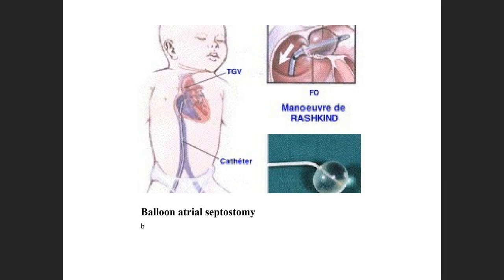In a balloon atrial septostomy, a balloon catheter is introduced in the femoral vein and into the IVC, inferior vena cava, into the right atrium and then across the foramen ovale into the left atrium.